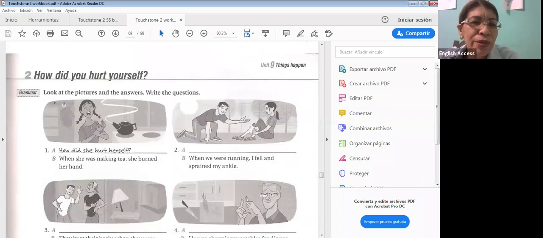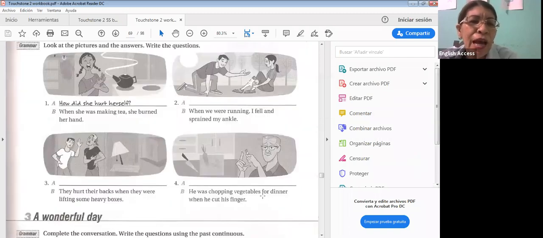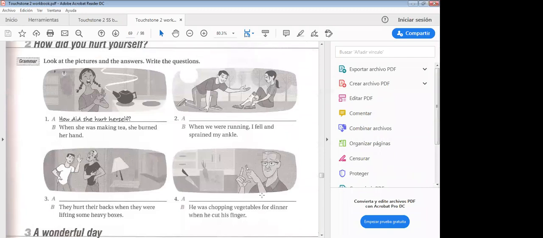It says, how did you hurt yourself? Look at the pictures and the answers and write questions. Example number 1. How did she hurt herself? When she was making tea, she burned her hand. So number 2, Luis. How did you hurt yourself? When we were running, I fell and sprained my ankle. Ankle.